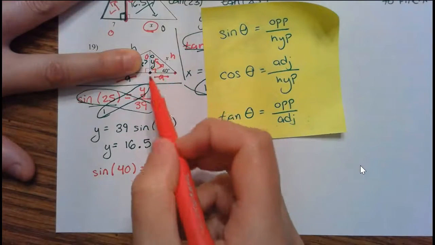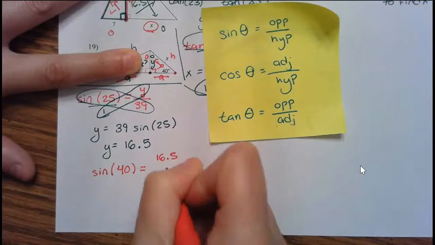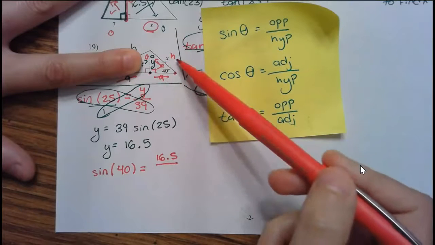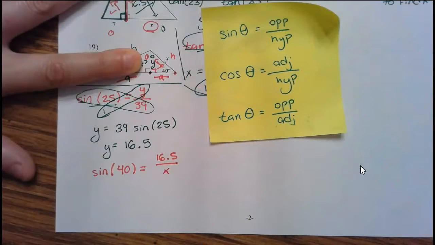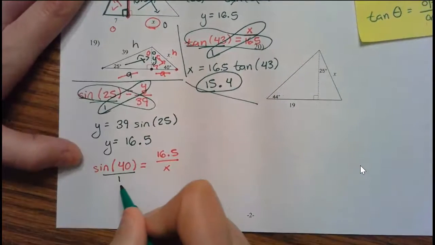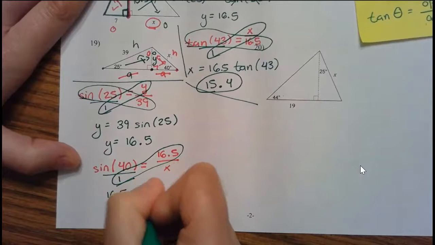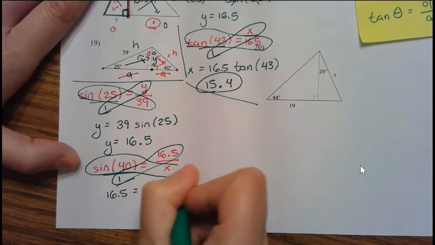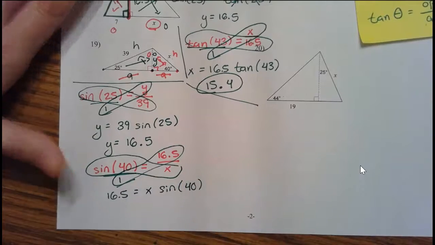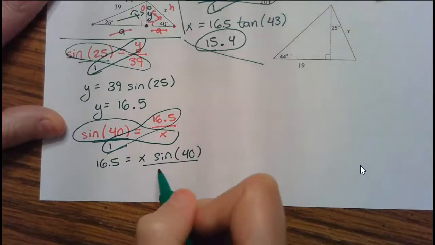Opposite goes on top. We know opposite is y, and we just said that was 16.5. And we need to figure out h, which is x. Let's go ahead and do our cross multiplication by putting a 1 under there. So I've cross multiplied. I need to get x by itself, so I'm going to divide next.